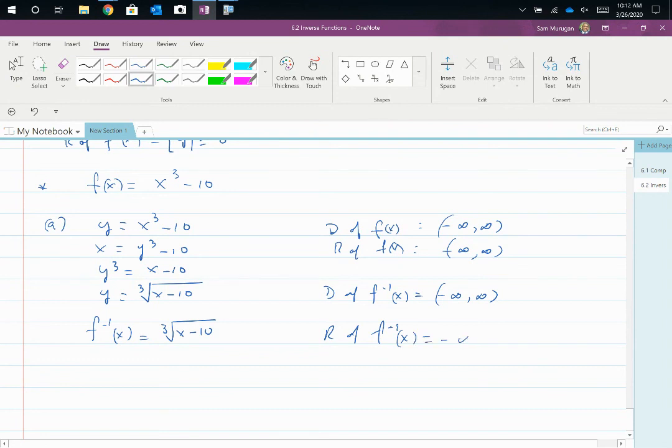negative to positive infinity. Remember that when you're writing this, please, if you're using the set builder notation, use y. Or say x all real.